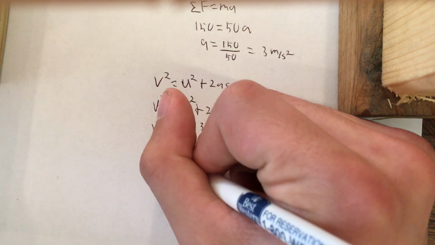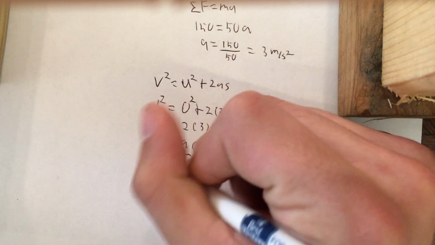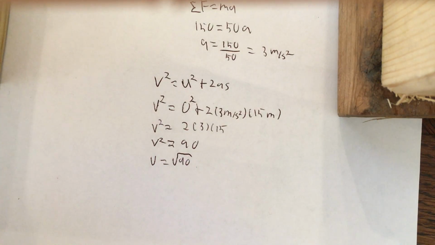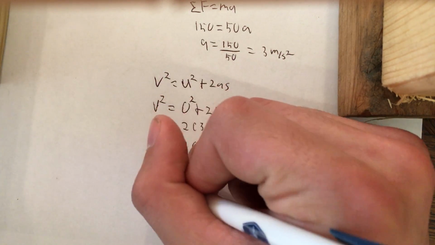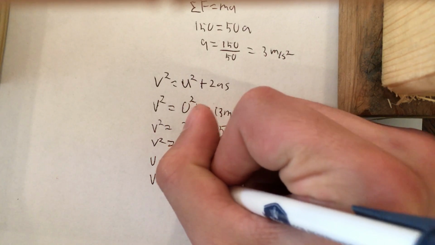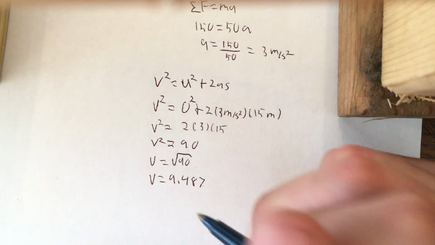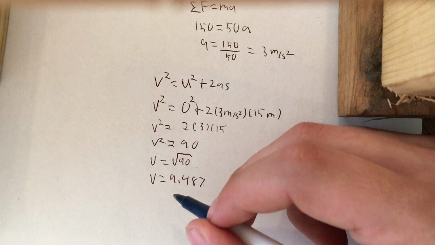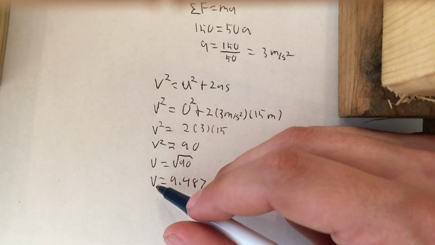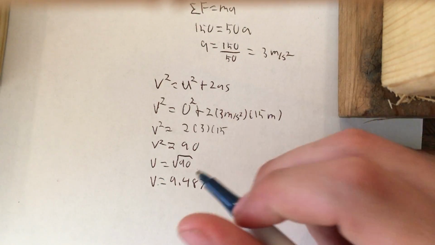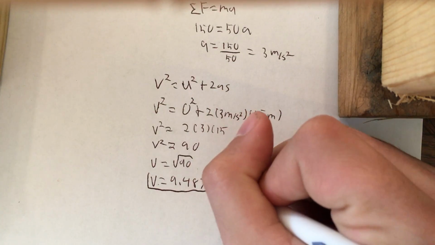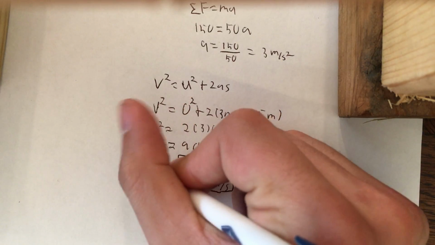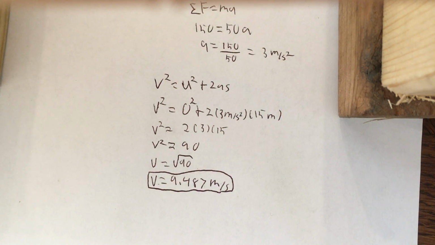So v equals the square root of 90, and the square root of 90 is approximately 9.487. And this is the final velocity, which is what the question was asking for, so this is the answer. 9.487 meters per second.